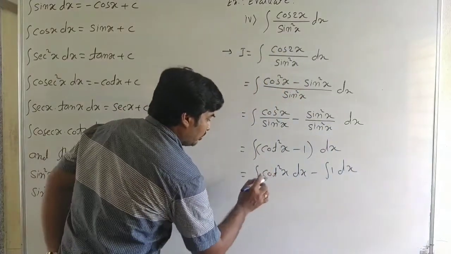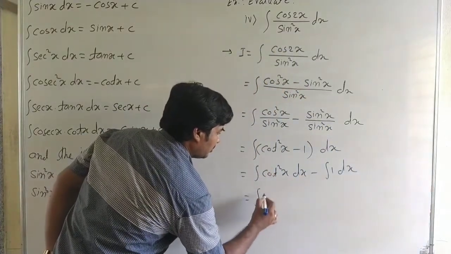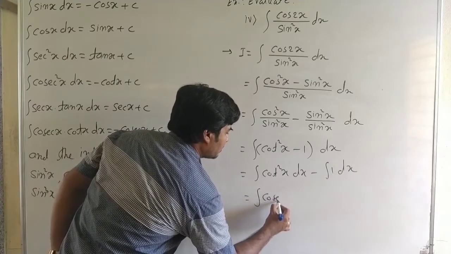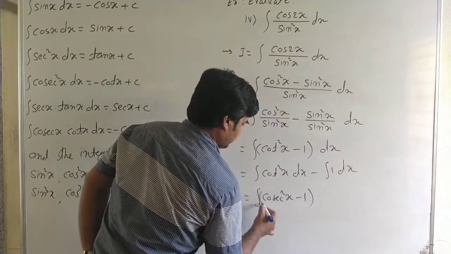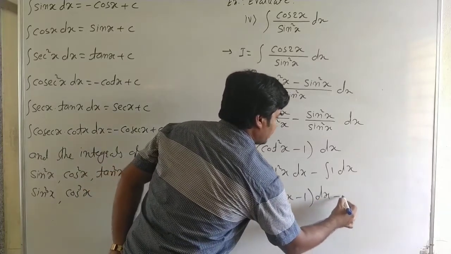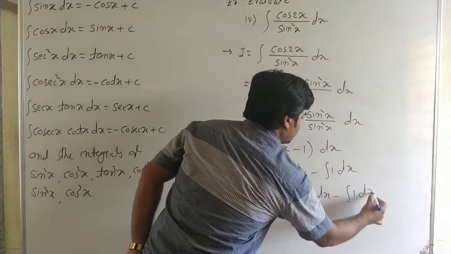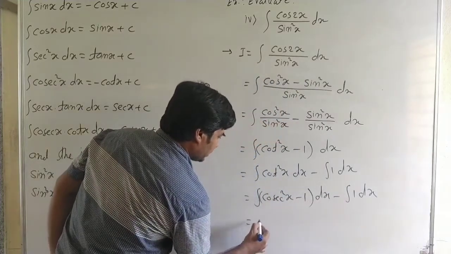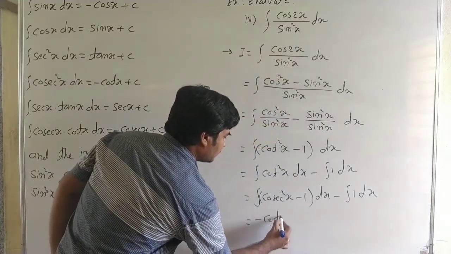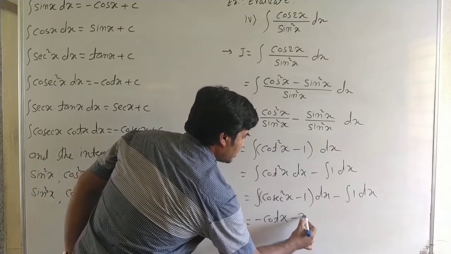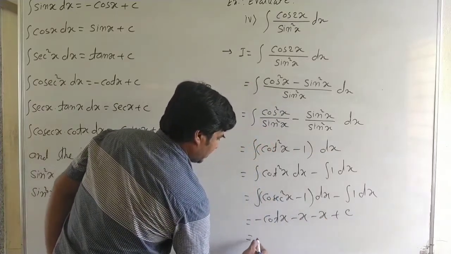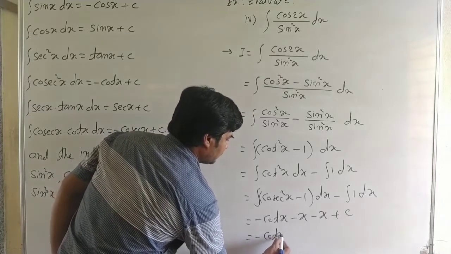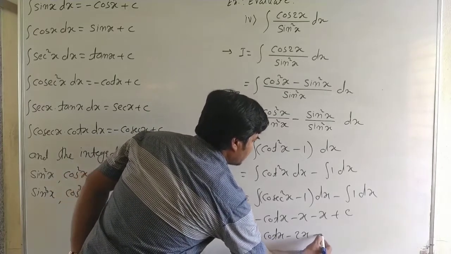Here we use the formula for cot square x, which is cosec square x minus 1, dx minus the integral of 1 dx. Now find the integral. It is minus cot x minus x plus c, and then finally we can write minus cot x minus 2x plus c.